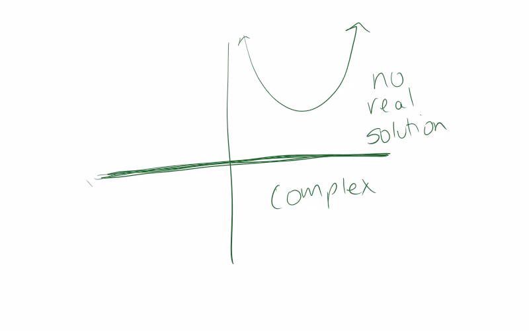So the complex solution might be 2 plus or minus 4i. So then it would be 2 plus 4i and 2 minus 4i. That might be the complex solution. So this is not going to have a real solution, meaning it's not going to have an answer here on the x-intercepts, but it still has two solutions. They are just complex. So that is why we have this part of the number system.